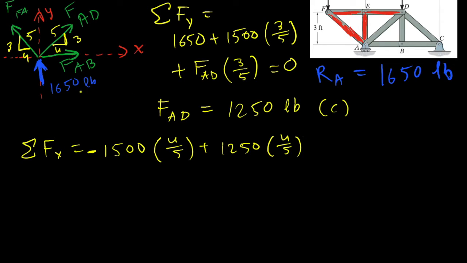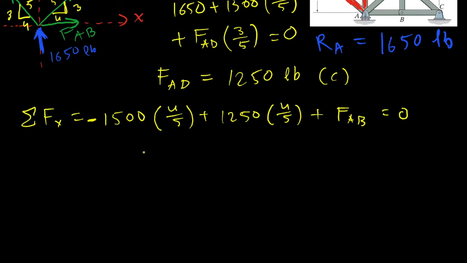And then we have the contribution of FAB, which is directed horizontally. So then we say plus FAB equals 0. And after we solve this equation, we get FAB is equal to 200 pounds, and that is going to be a compressive force as well.